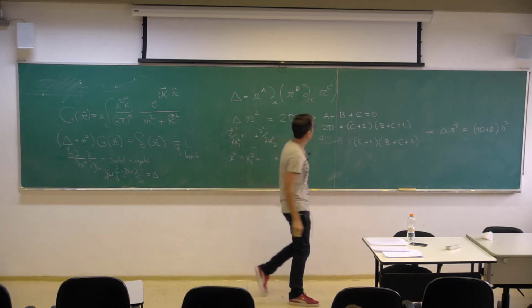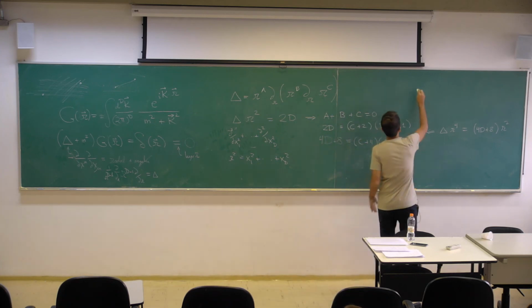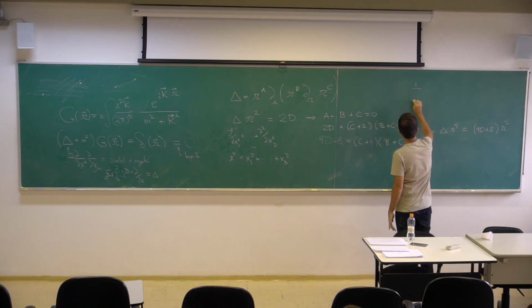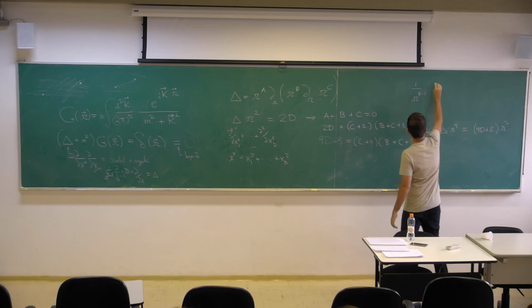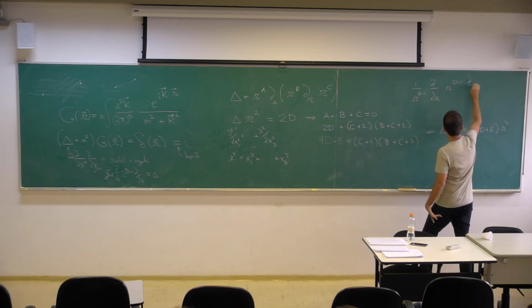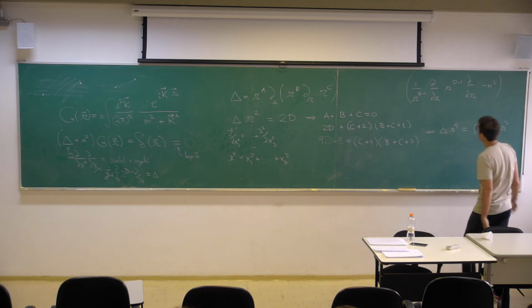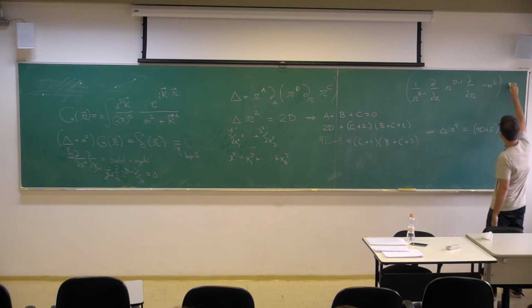Okay? So now, what you can do is act with the Laplacian, 1 over r to the d minus 1, d dr, r to the d minus 1, d dr minus m squared. Right? And you act on an ansatz.